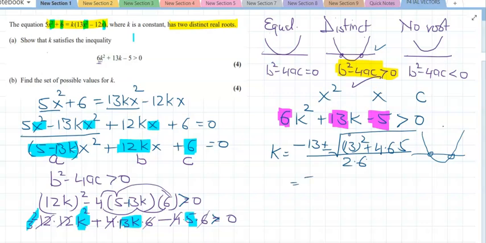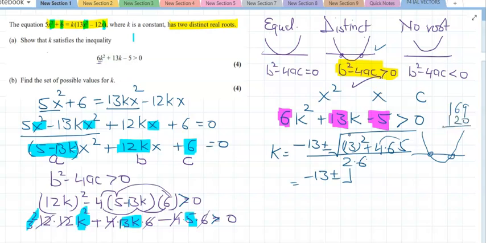So if we solve it, this is minus 13 plus minus root of 169, and this is plus 120.